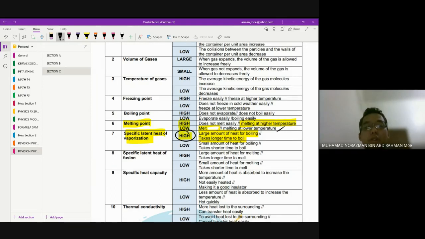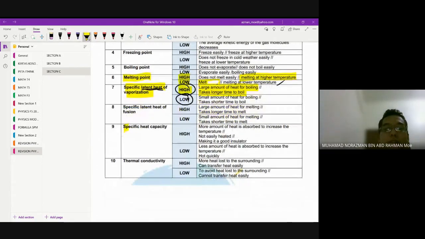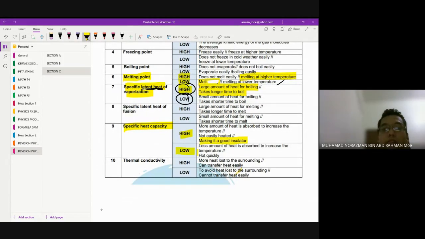For good conductor, heat conductor usually will have low specific latent heat or specific heat capacity. Okay, see, specific heat capacity high, so good insulator. So low specific heat capacity, hot quickly. Okay.